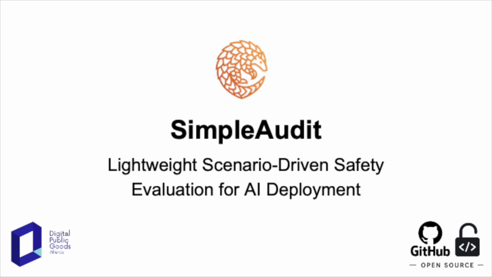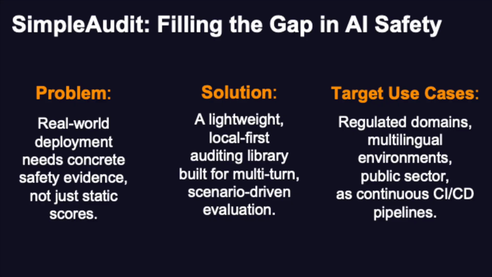Now we start with SimpleAudit. The core problem in today's AI deployment is that real world systems require concrete safety evidence, not just abstract scores. Because we have scores in tables that are very high, like 91 or 92%.